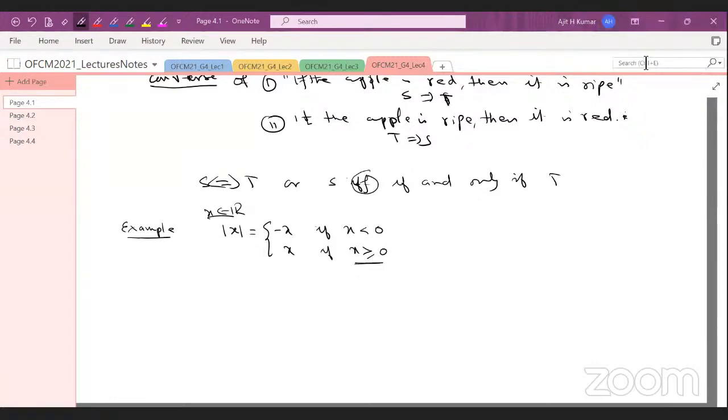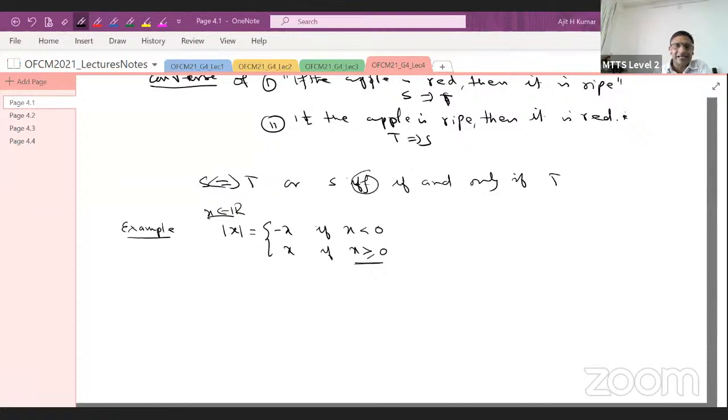Sir, we can write mod of x as the positive square root of x squared. Right, okay, but that involves the existence of a square root, etc.